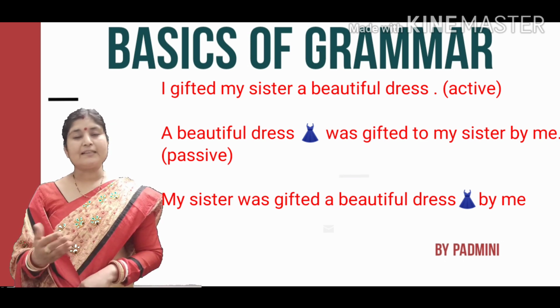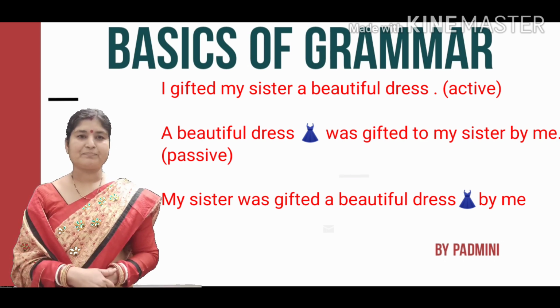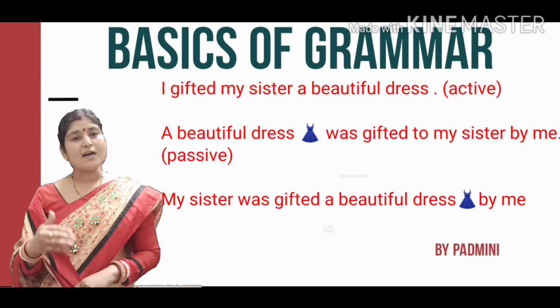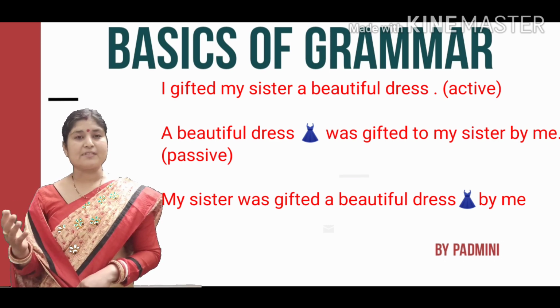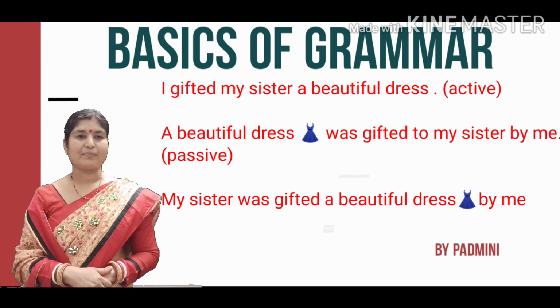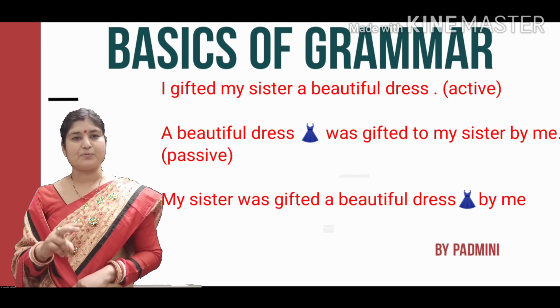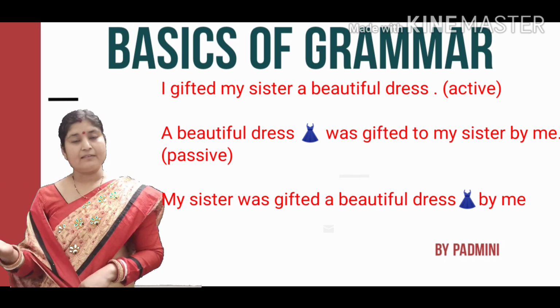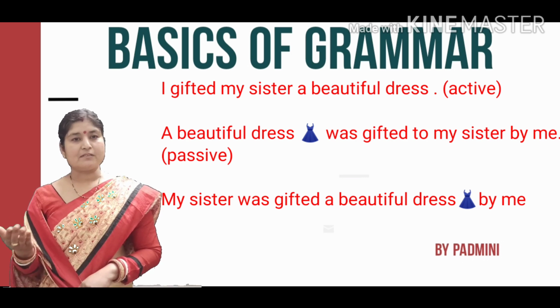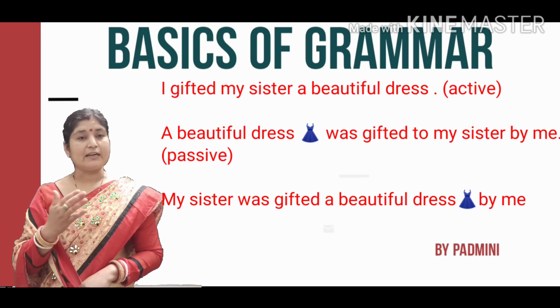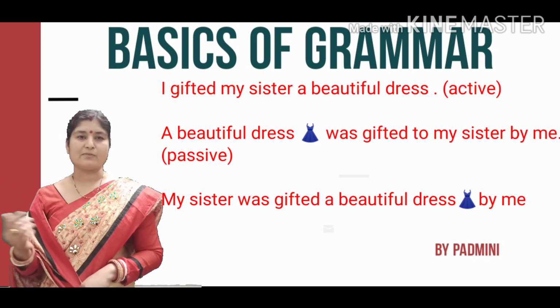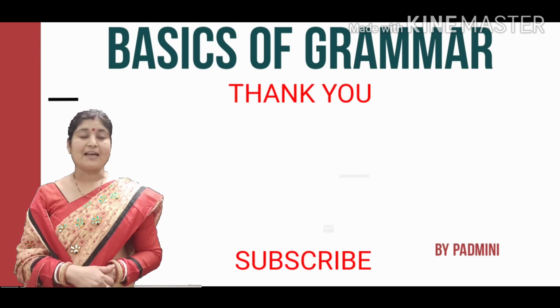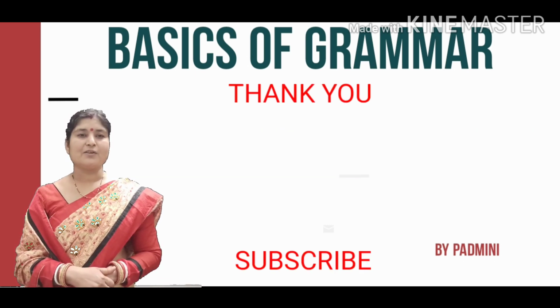Next, we will take the indirect object: my sister was gifted a beautiful dress by me. So with the help of two objects, either the direct object or the indirect object, we can convert from active to passive voice. I hope, my viewers, you have learned it.